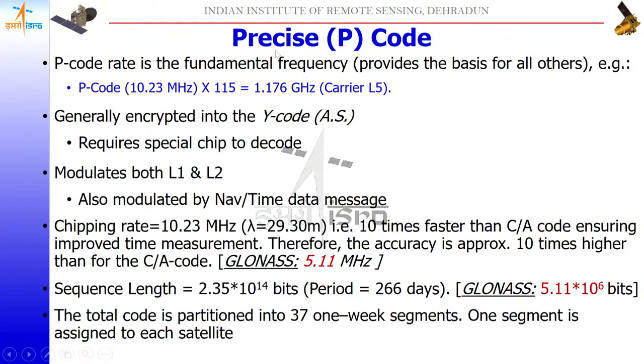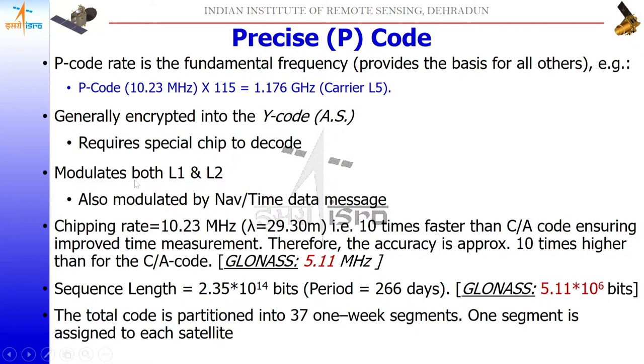Then we come to the precise code. The P code fundamental frequency is multiplied by 115, so ultimately it is 1176 megahertz, which is your carrier L5. This is generally encrypted into the Y code, and anti-spoofing requires a special chip to decode.